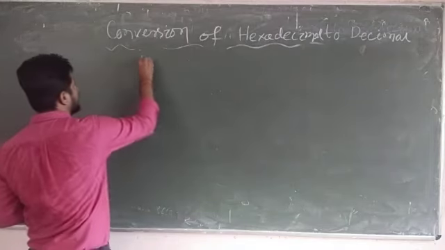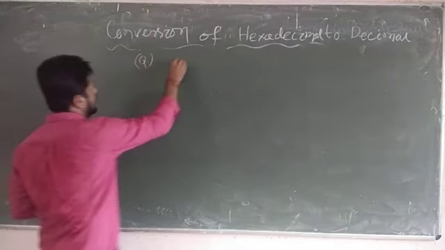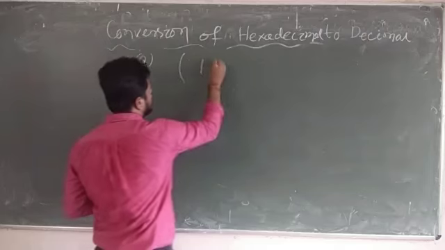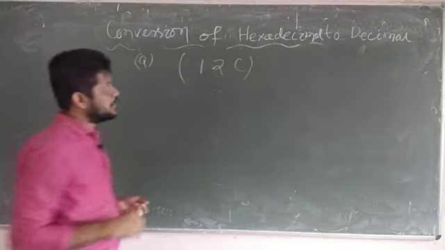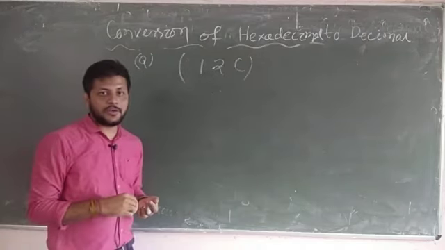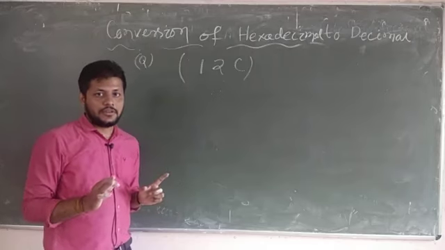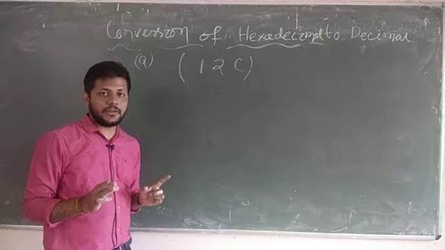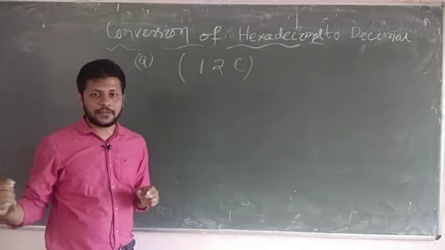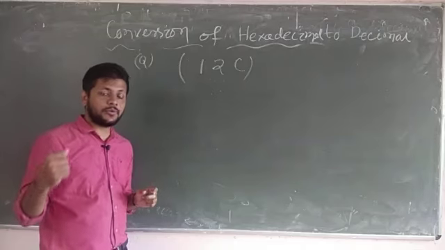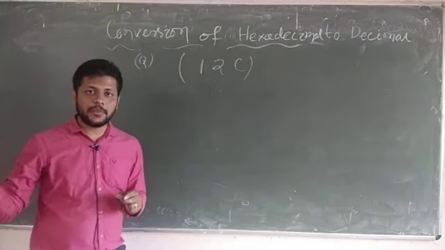So how to convert a hexadecimal number? 1 to C. C means in hexadecimal we can write up to F. The range of hexadecimal number is 1 to 9, then A, B, C, D, E, F. That means we can write up to 15, that means from 0 to 15.